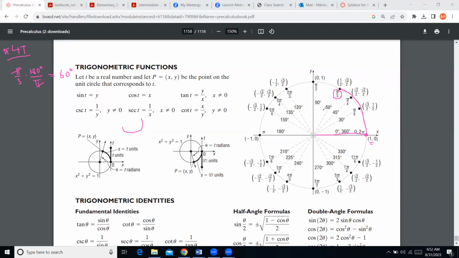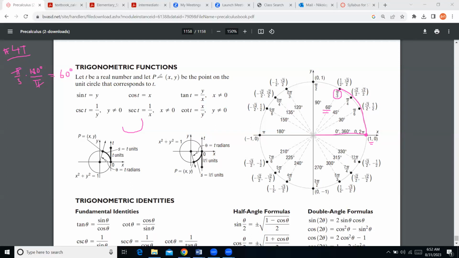And also we can see the correspondence of the 60 degrees angle with that radian measure of pi over 3. And that's something that we're going to heavily utilize in this section, as well as in the next section, as well as throughout the whole class. So we can keep this page opened.